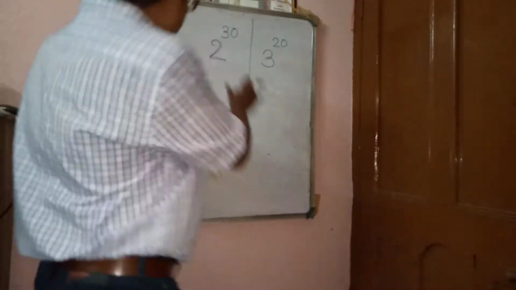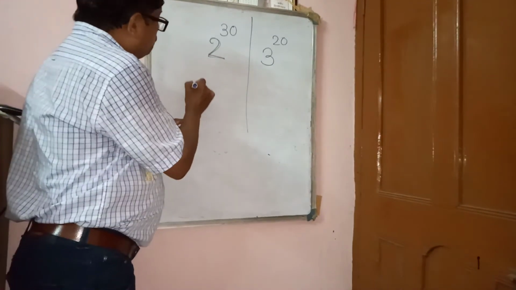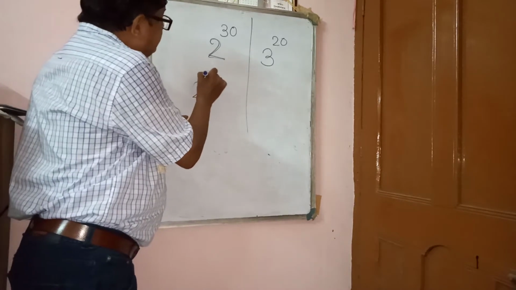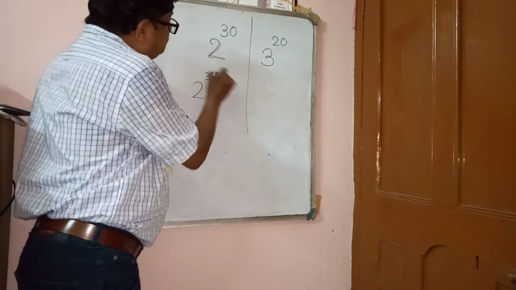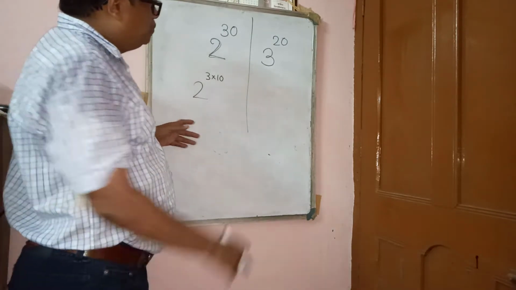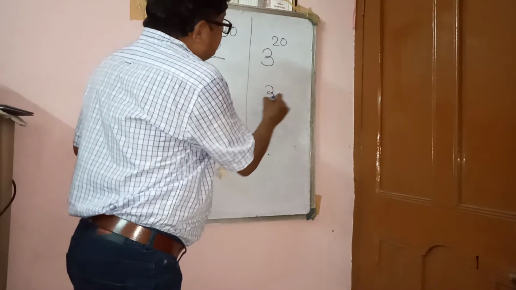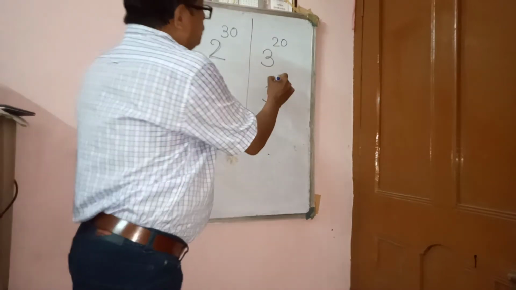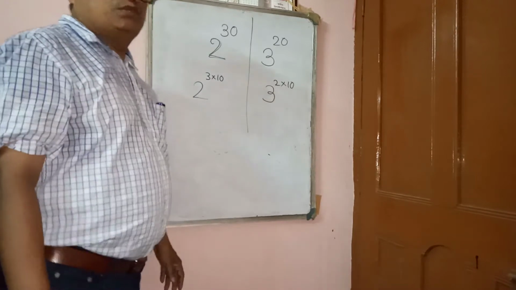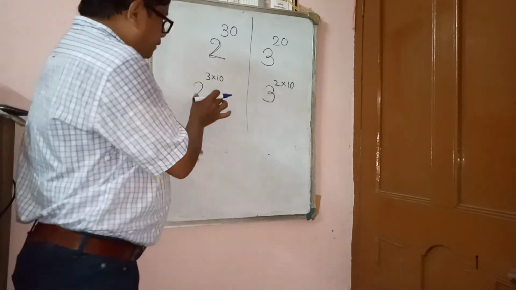See, this we can write 2 to the power 3 into 10. Now, this we can write 3 to the power 2 into 10. Now, look here.